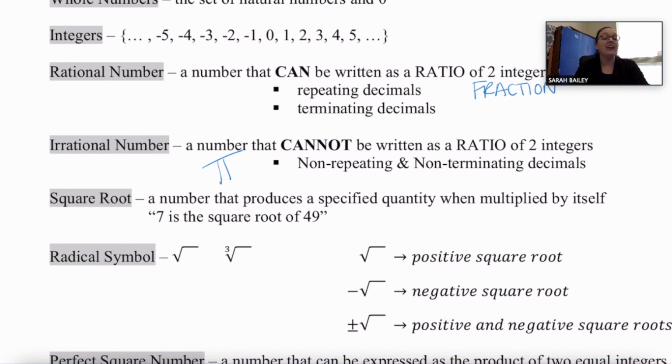So the estimation we use is 3.14. On your calculator, it takes it out to 7, 8, maybe 9 decimal places, but that itself is still just an estimation. The calculator has to cut it off at some point so that we can work with it. Okay, moving on.